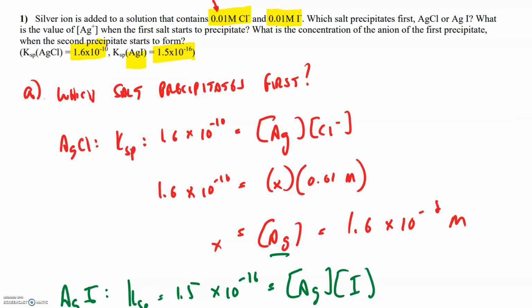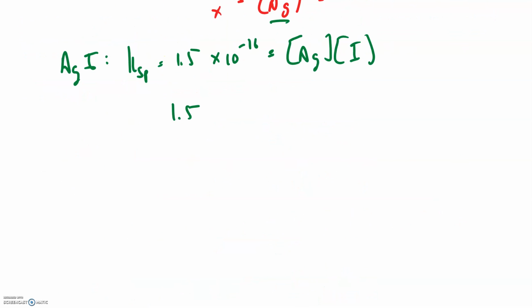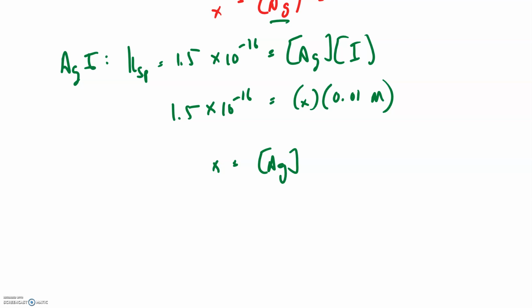We're already starting with 0.1 molar iodine right up there, so let's throw this in here. We're going to say 1.5 times 10 to the negative 16th equals X times the concentration of iodine, which is 0.01 molar. So X, the concentration of silver you have to add, is going to be 1.5 times 10 to the negative 14. So which one's going to precipitate out first?